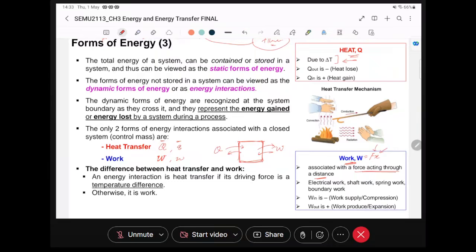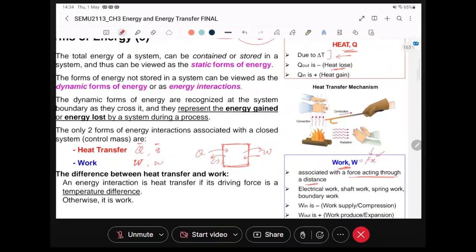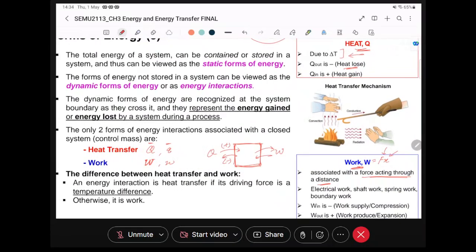For heat, if it's negative, it's heat lost by the system. We look at it from the perspective of the boundary. If it's positive, then the system is gaining energy. That's how we assign positive and negative.